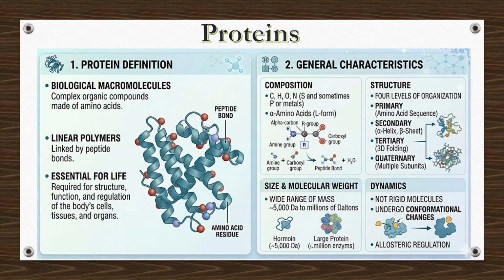They can be denatured by heat, pH extremes, or chemicals, losing their structure and usually their function, though sometimes this process is reversible. Proteins also give characteristic color reactions used in detection and quantification.